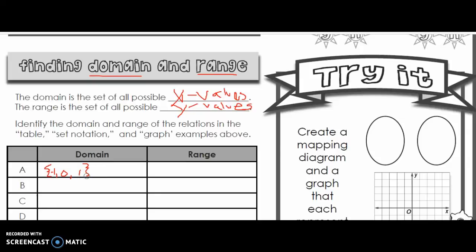Notice my brackets, I tried to do my best. What was the range? The range was just 1 and 0. Okay? Please continue on. I will show you my solution in a second.